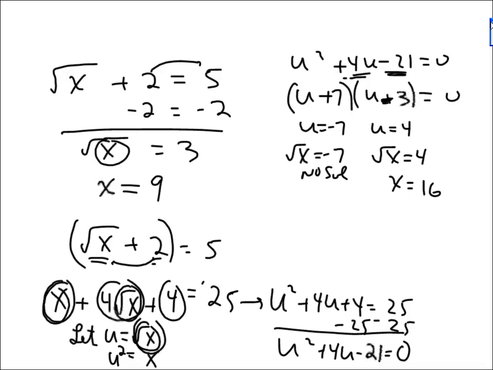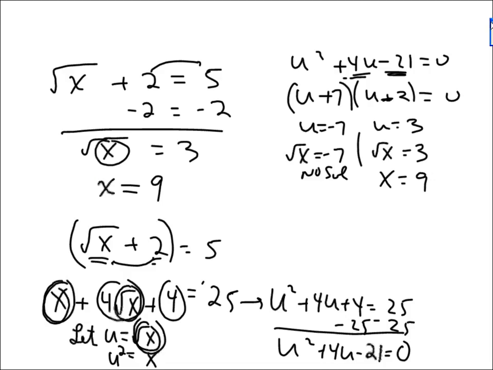Oh, if u minus 3 is 0, then u equals 3, excuse me. u is equal to 3, but u was the square root of x, which is 3, so x is 9.